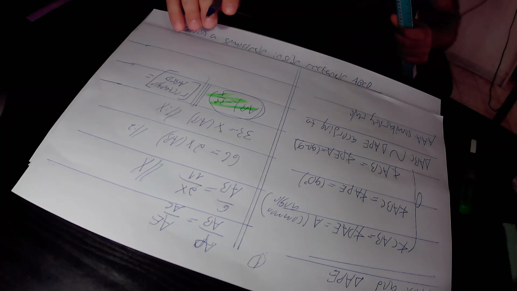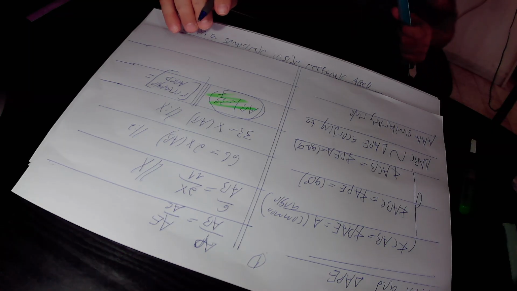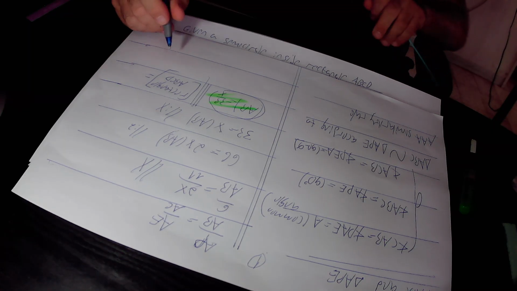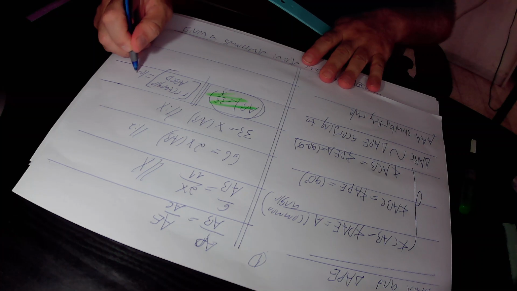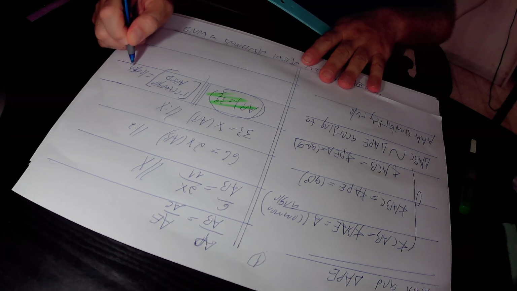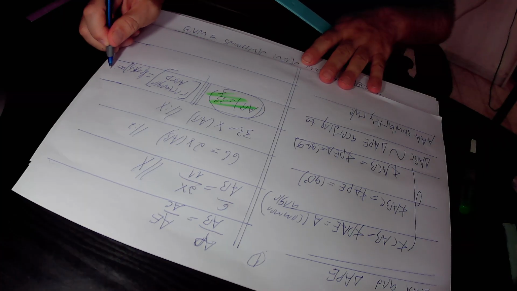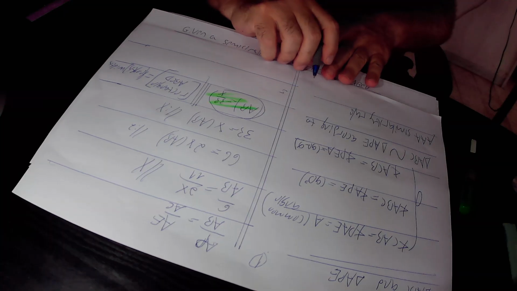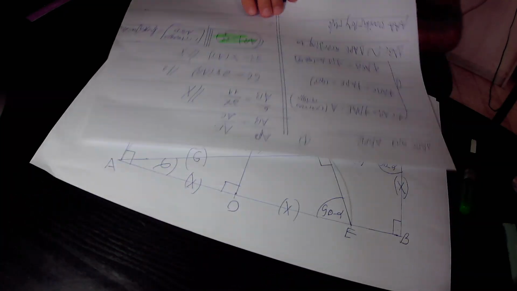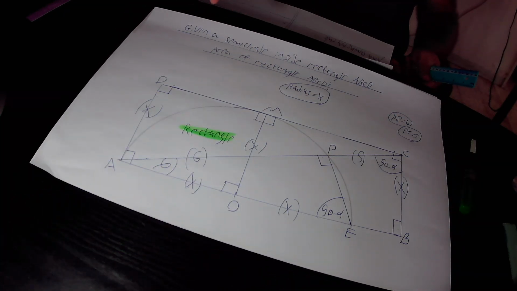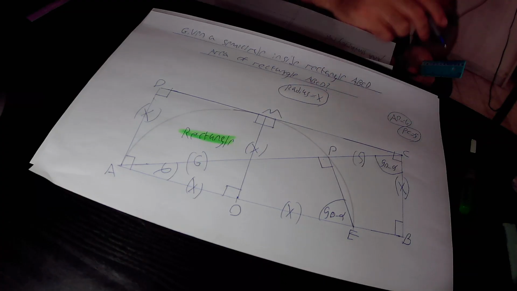Actually, we know that the area of any rectangle equals the length of the rectangle times the width. Therefore, the area of this rectangle ABCD must be equal to the length of this rectangle ABCD times the width.